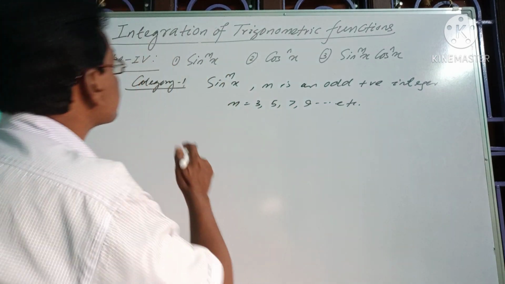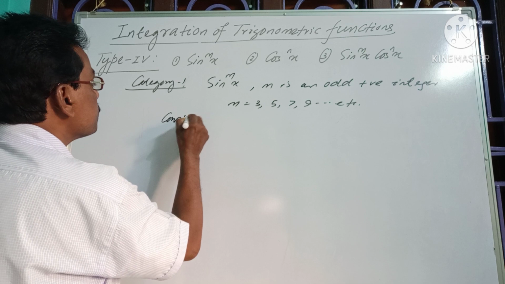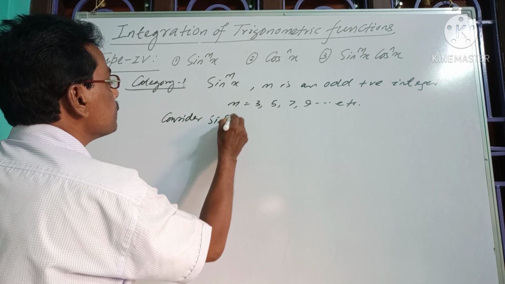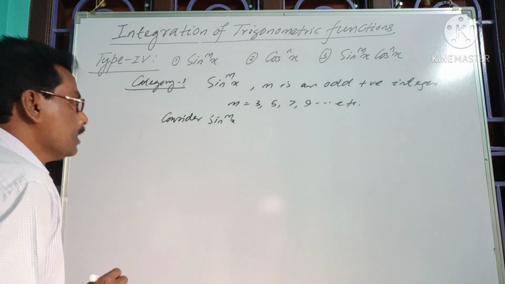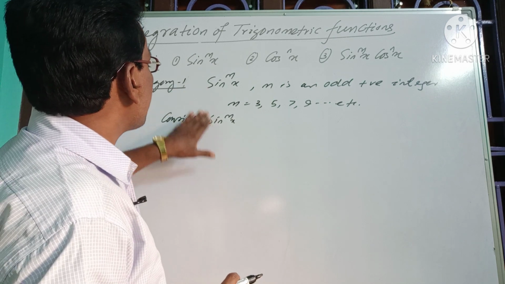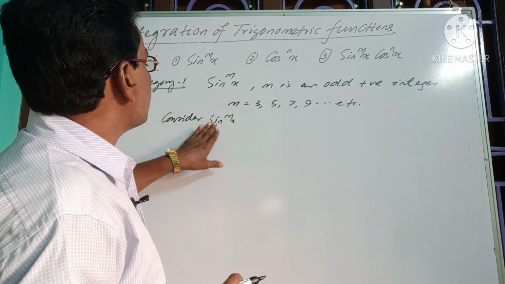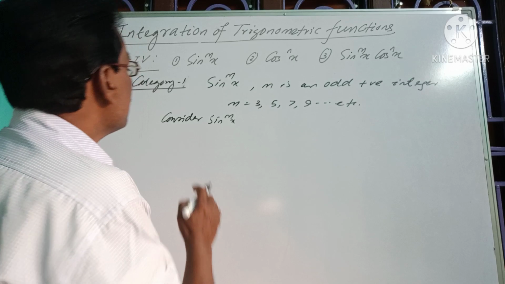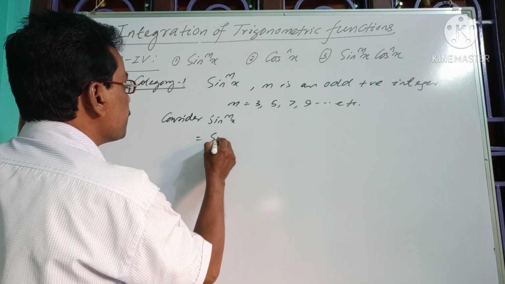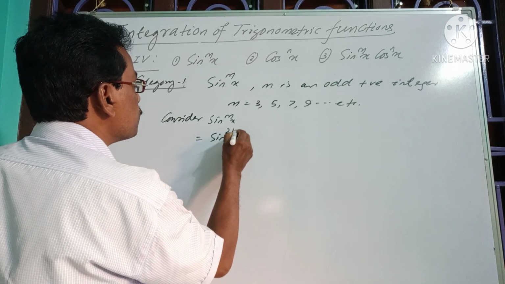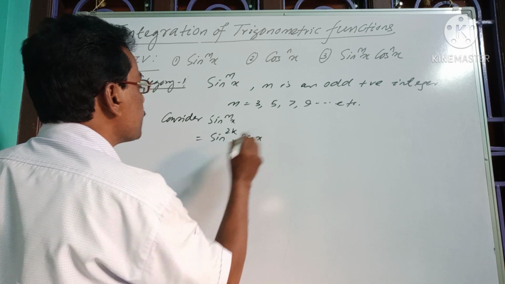So consider sine to the power m of x. Before integrating, we take out one factor of sine, that is, we can break it like this: sine to the power 2k into sine x.